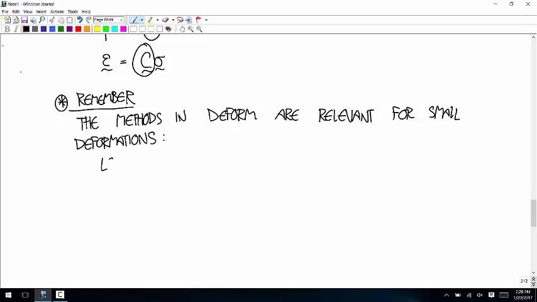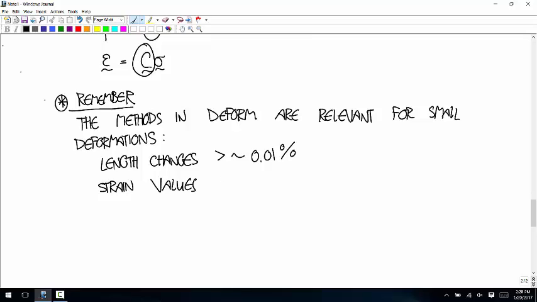That means length changes of less than about 0.01% of the object's length, and strain values less than about 1 times 10 to the minus 4.